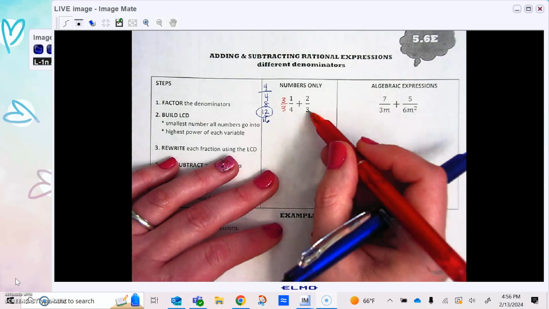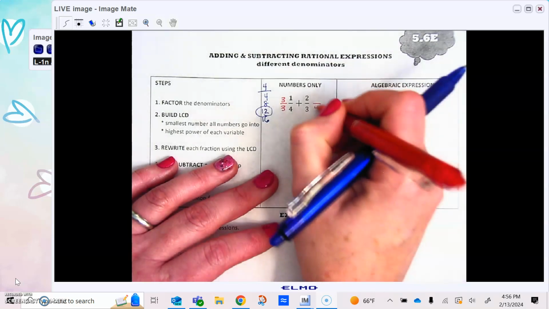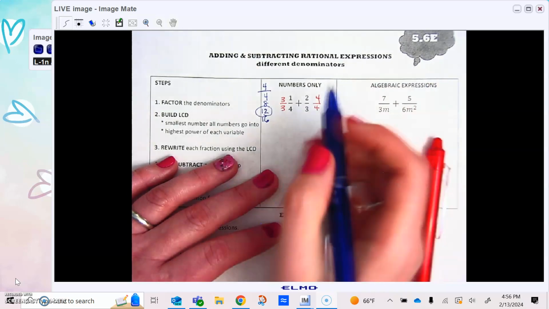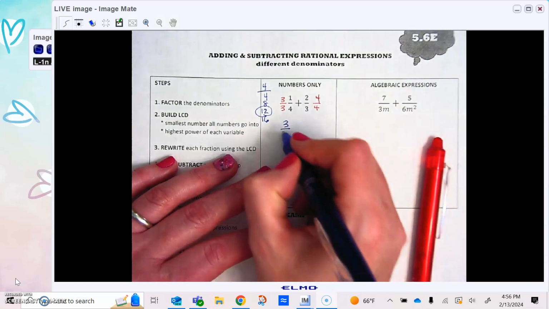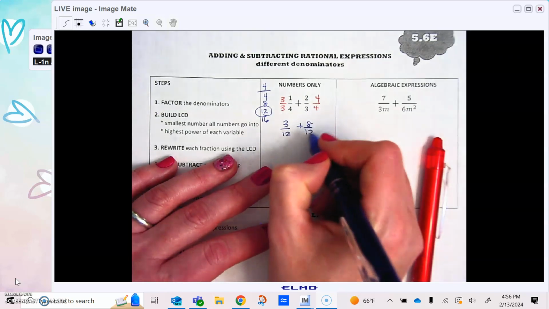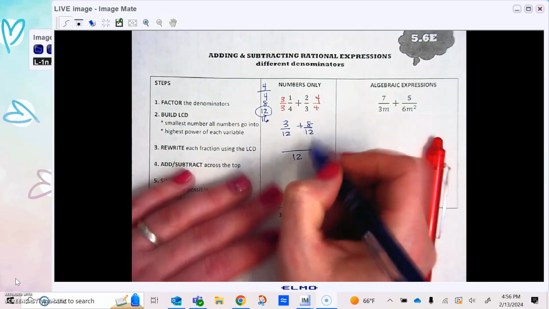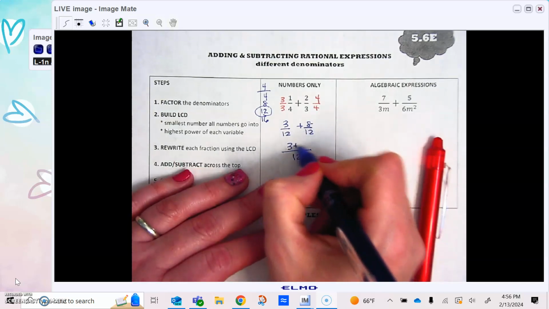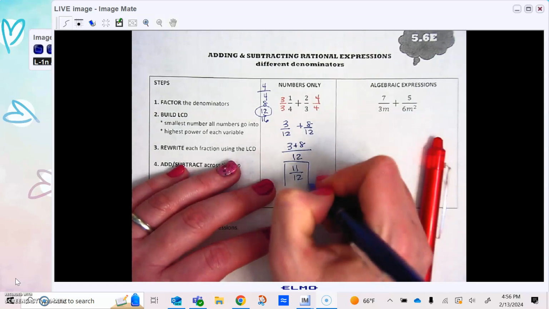Over here, to make this 3 into 12, I'm going to multiply by 4, bottom and top. So now this gives me 3 over 12 plus 8 over 12. And now that they have the same denominator, I combine them into one fraction and add the numerators, and that is just 11 over 12.